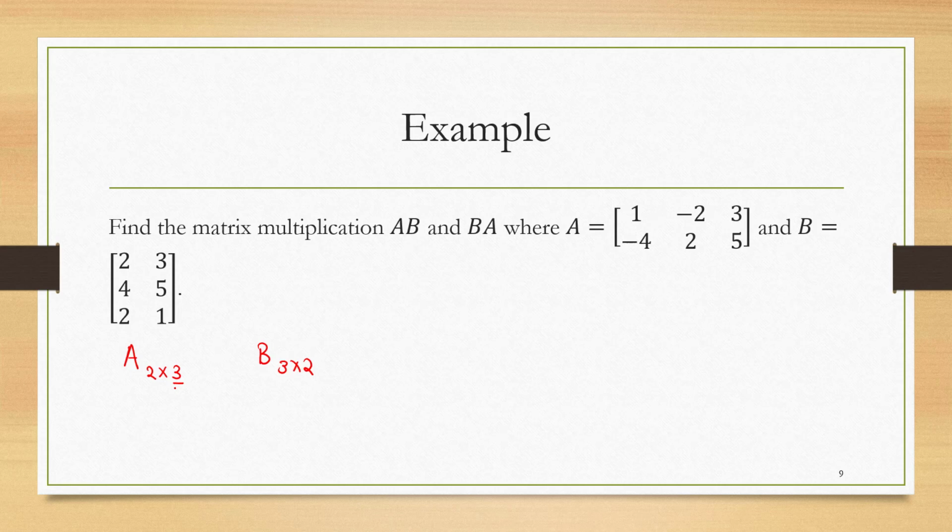That means the number of columns in A is the same as the number of rows in B. So this implies AB is defined, and moreover the order of AB will be 2 cross 2. So we need to find this 2 cross 2 matrix.